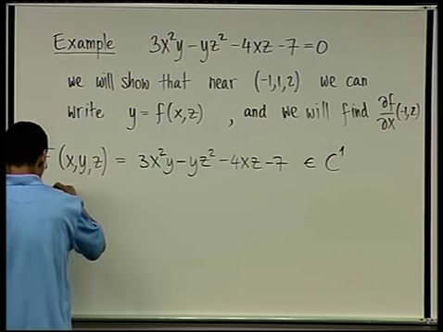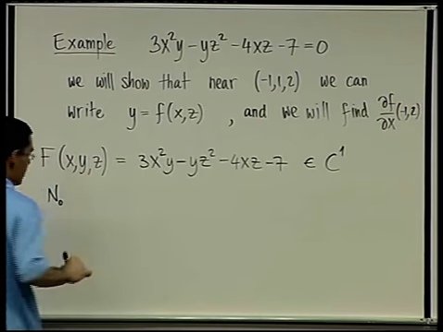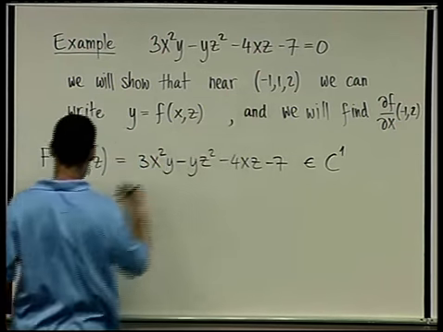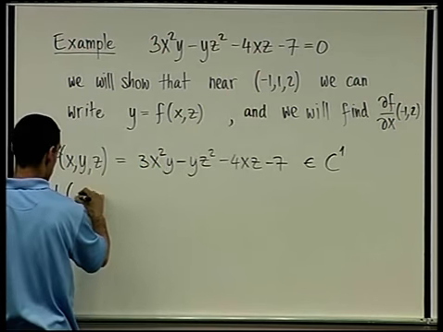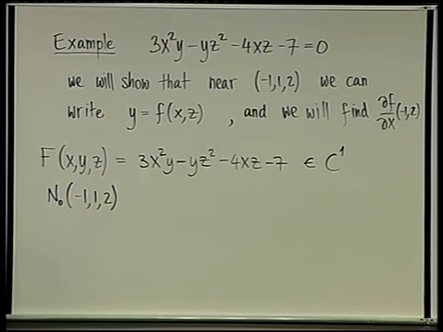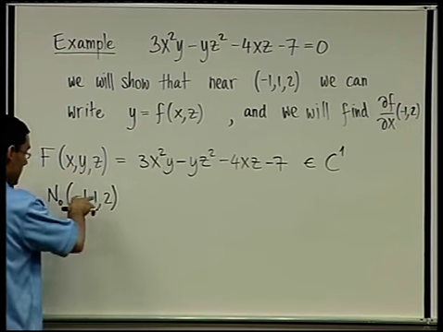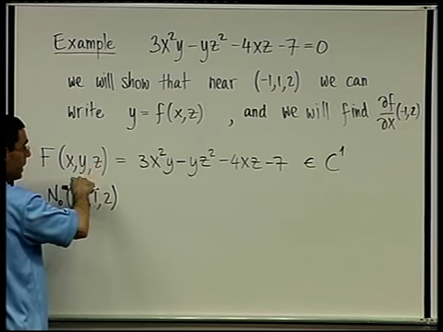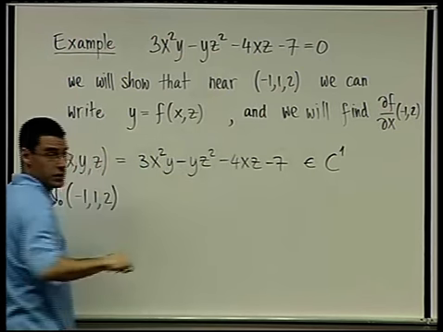What's the point n0 in which we're interested? That's this point. So n0 is going to be the point -1, 1, 2. The first thing that we have to check is, does this point satisfy the relation? Namely, if you plug in the point, do you get 0?